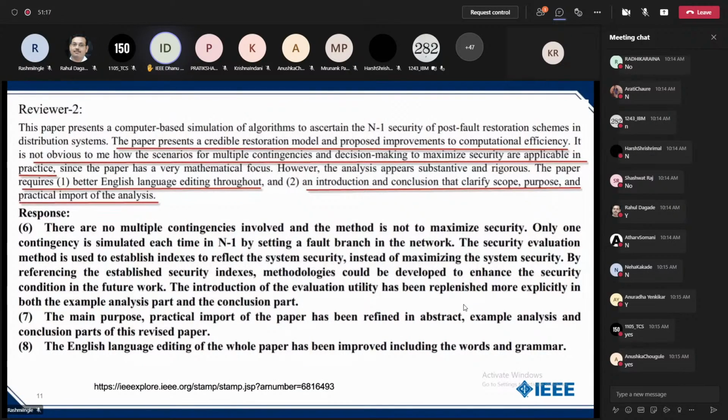You can see the underlined comments, and also the responses here. One of the comments is that there should be a drastic improvement in the introduction and conclusion that clarifies scope, purpose, and practical import of the analysis. So the reviewer felt that these are some things which are actually missing in the article. This has to be revised. Next slide.